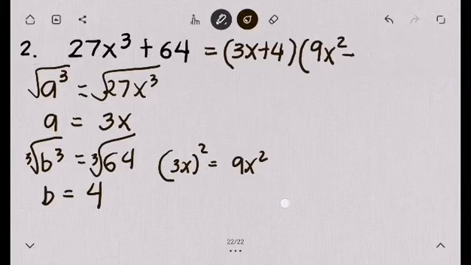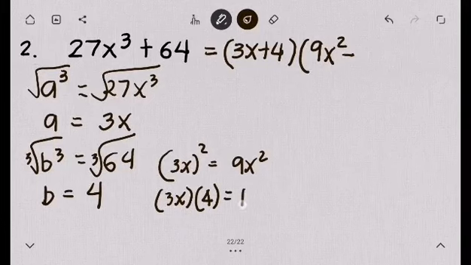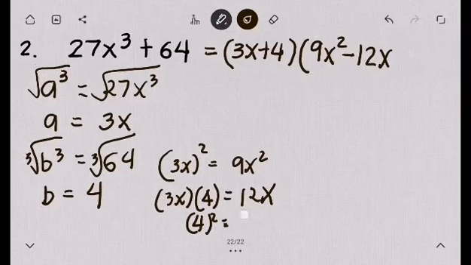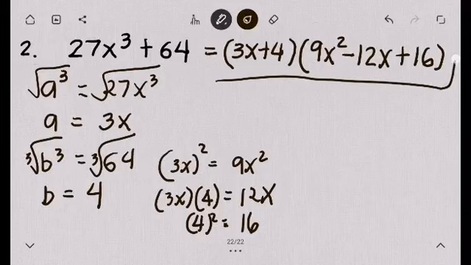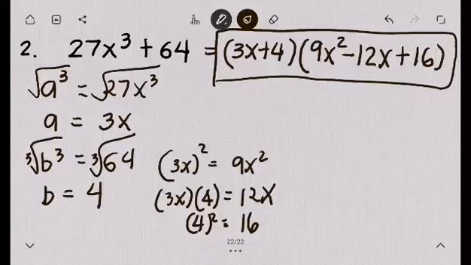Minus, product ng a and b. So, we have 3x times 4. So, this is 12x. 12x yung middle term. And then, square natin yung last term. So, that is 16. So, the positive or plus 16. Okay, so eto na ngayon yung sagot natin dun sa pangalawang example.